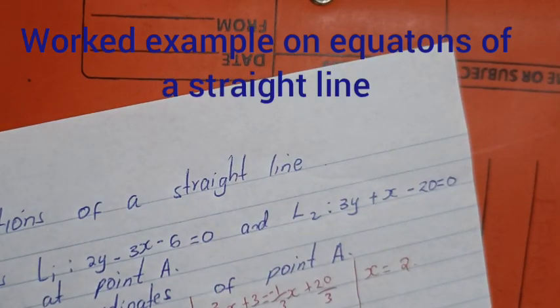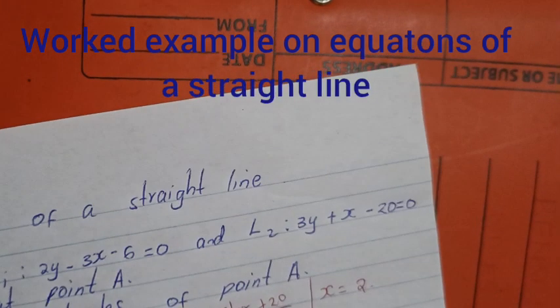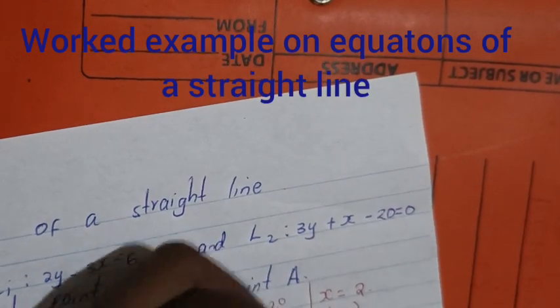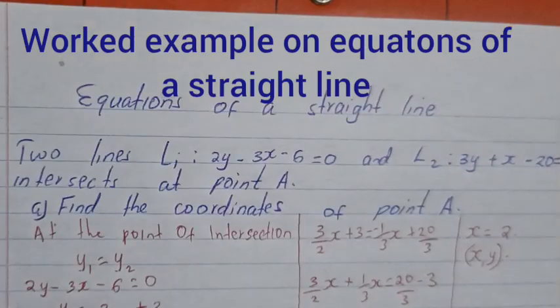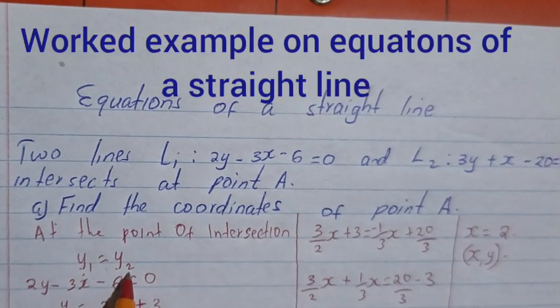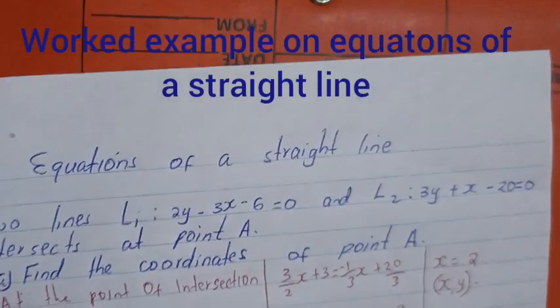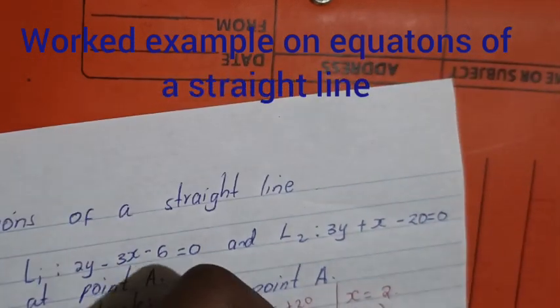Now, the coordinates must be written in the form of x and y. Therefore, we need to get the value of y, and we've said at the point of intersection, y1 is equal to y2. That means taking any of the equations and replacing x, we get the value of y.